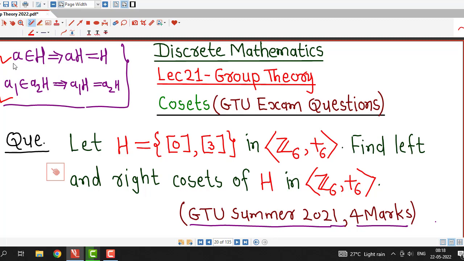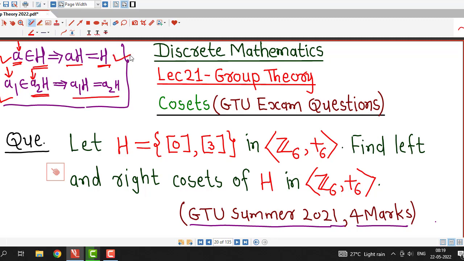If some element a is present in the subgroup, then the left coset corresponding to that element is the subgroup itself. Another property is, if a1 is present in the left coset a2H, then the left cosets a1H and a2H are always equal.